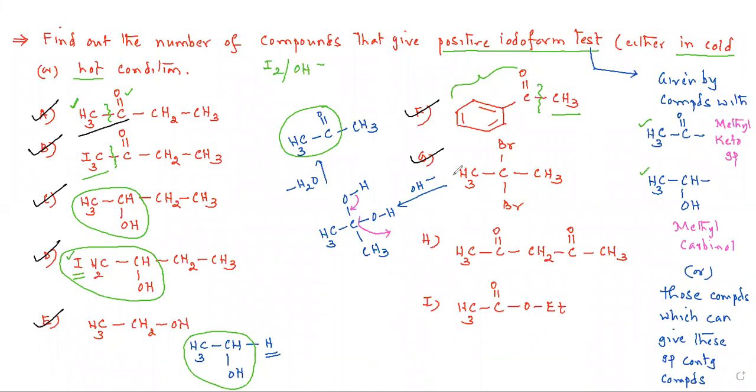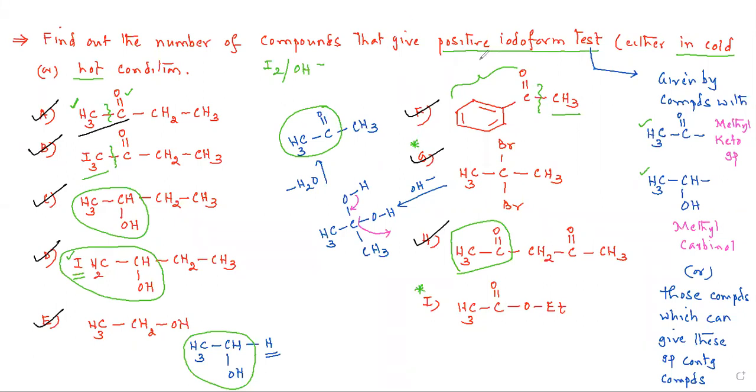Now this one already got methyl keto group. So even this is okay. And even this I is also very interesting. Check this out, guys. G is special, even I is also special.